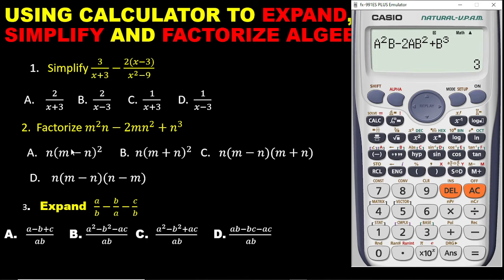So let's now pick the possible answers one by one. The first one is n into bracket m minus n all squared. Knowing that in the calculator, B represented n, and A represented the m.